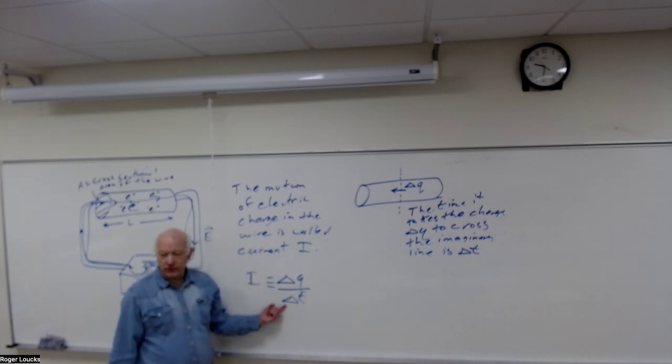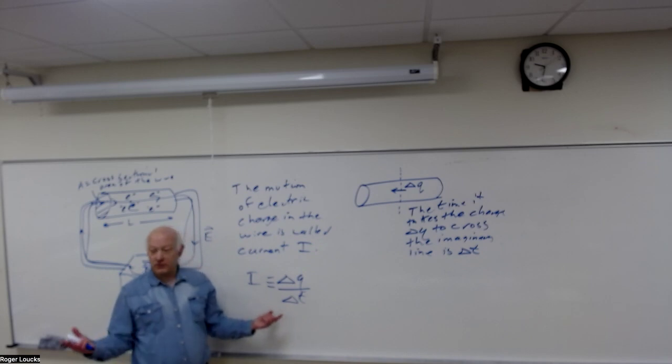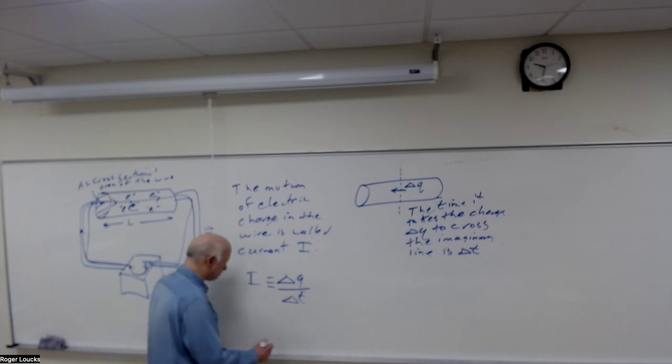And what do you think we're going to do to delta T? The limit, other way around, as delta T goes to 0. Hey, what's that the definition of?